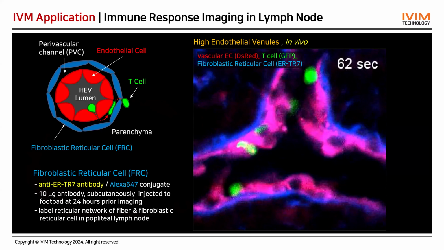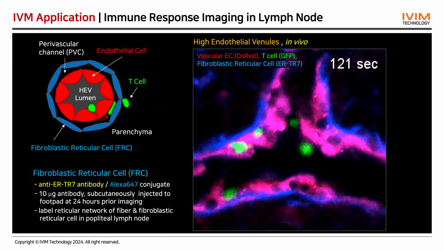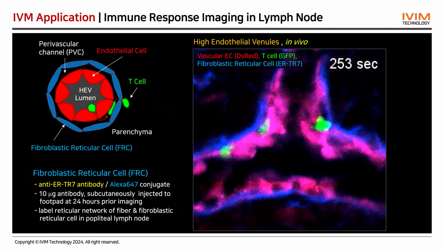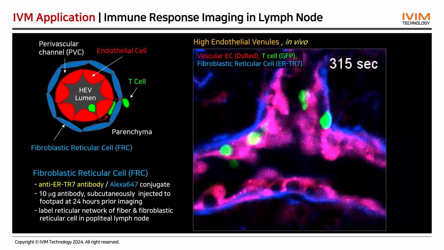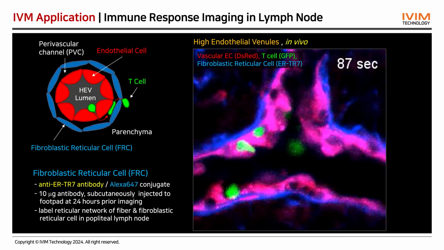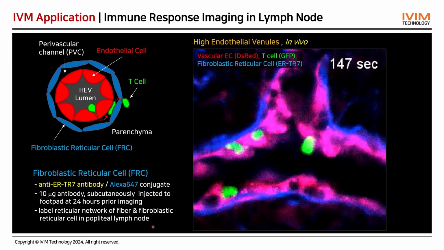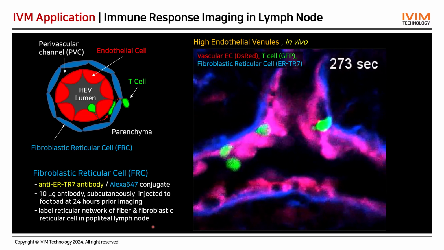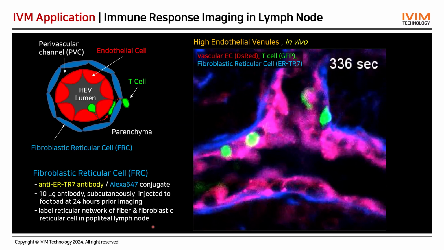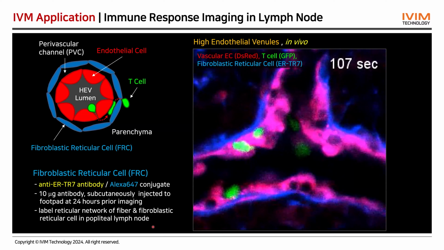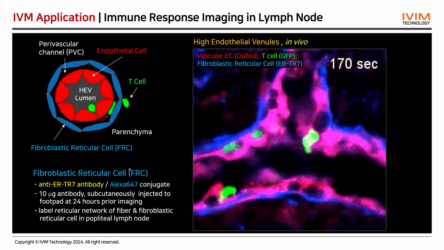However, with our IVIM technology's real-time in vivo imaging capability, we were able to observe the migration of cells passing through the HEV. So in this study, we stained fibroblast reticular cells, which compose the microarchitecture of the lymph node, using Alexa Fluor 647 conjugated anti-ERTR7 antibody, displayed in blue.